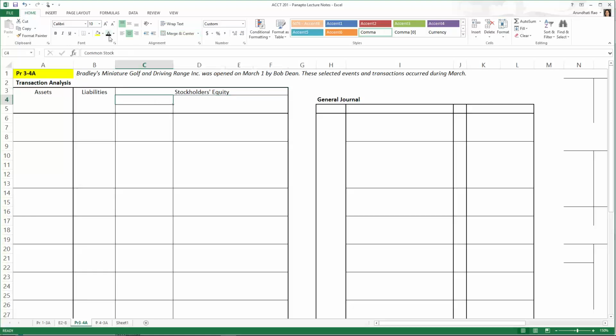Owner's equity, as you know, has common stock and retained earnings. Retained earnings has net income, which is nothing but your revenues minus your expenses. And from retained earnings, we pay dividends.